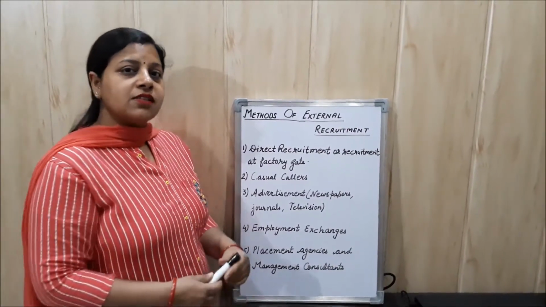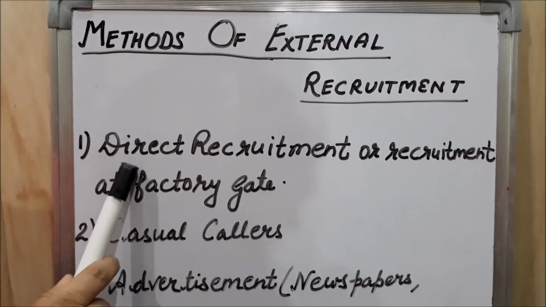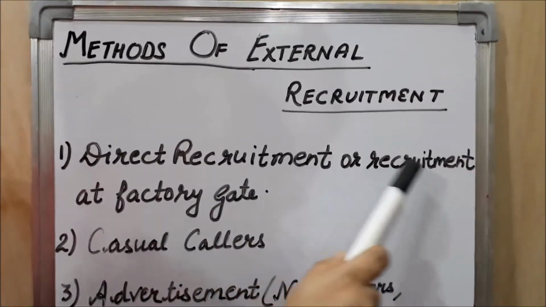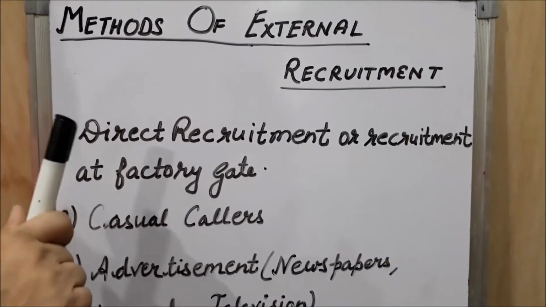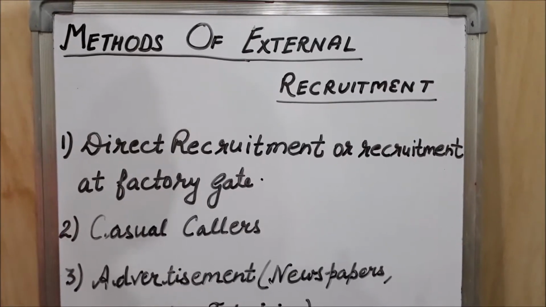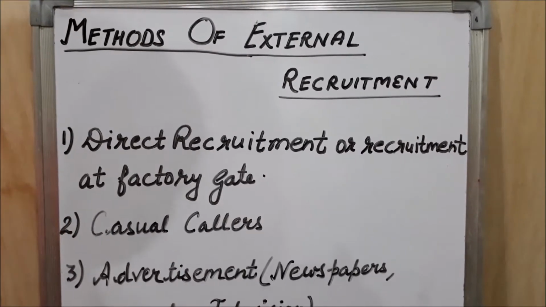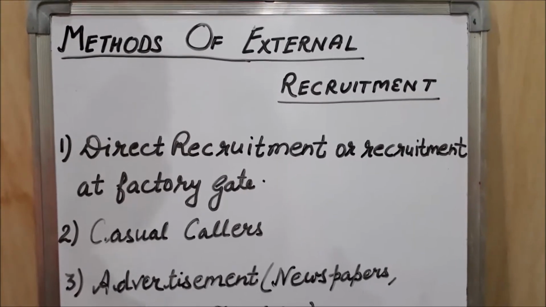So, see the first method, students. First is direct recruitment or recruitment at factory gate. Under this method, organizations put a notice on the notice board of the organization and give full detail about the vacancies in the organization.